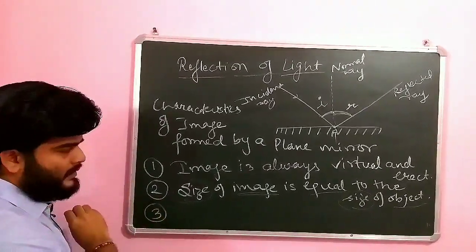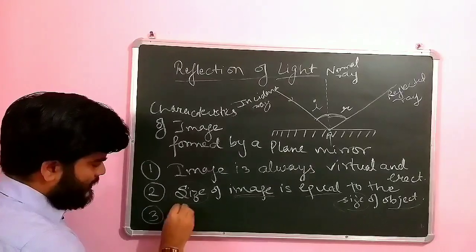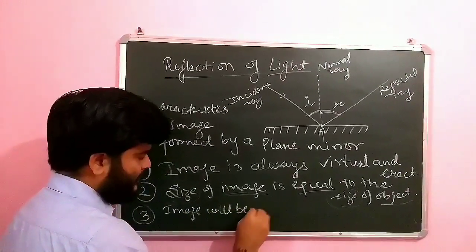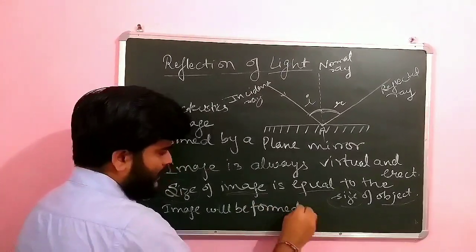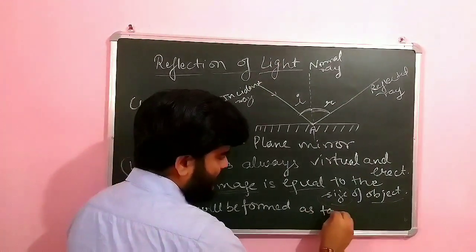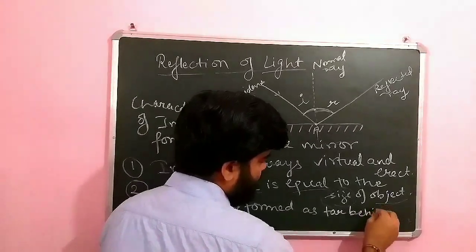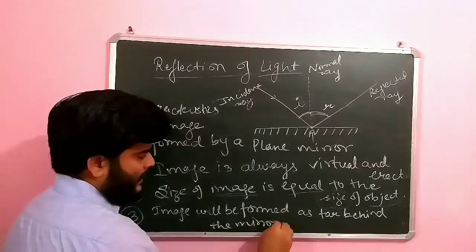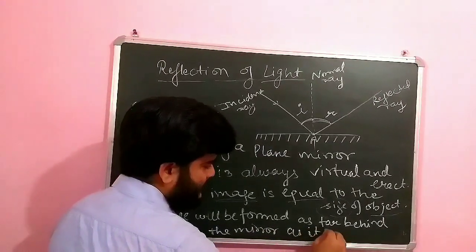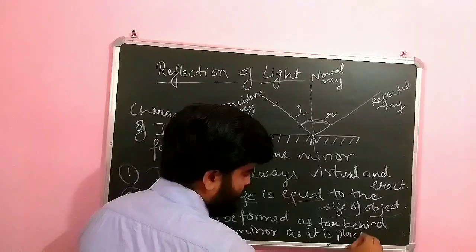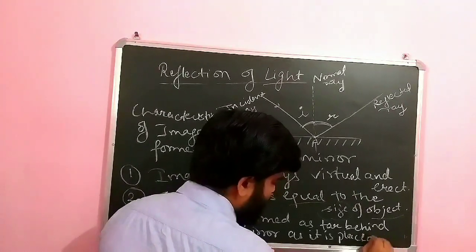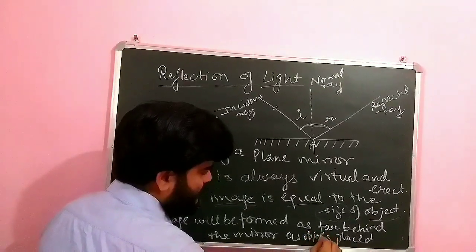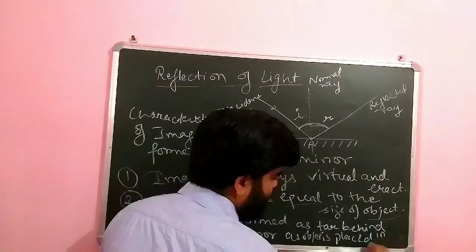And the third characteristic is the image will be formed as far behind the mirror as the object is placed in front of it.